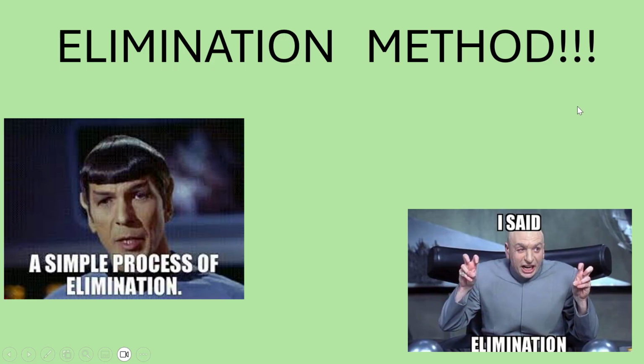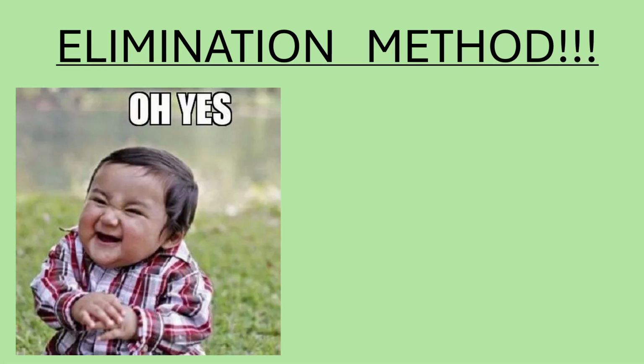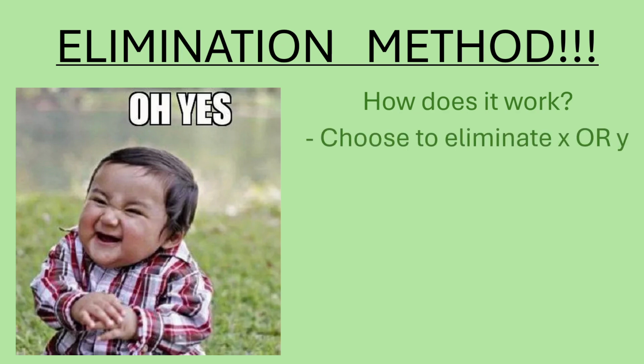Okay, so that new method is the elimination method. So it is a really precise way of finding the point where those two lines intersect. Okay, so let's take a look. How does it work? So first of all, you choose to eliminate x or y. You multiply if necessary.